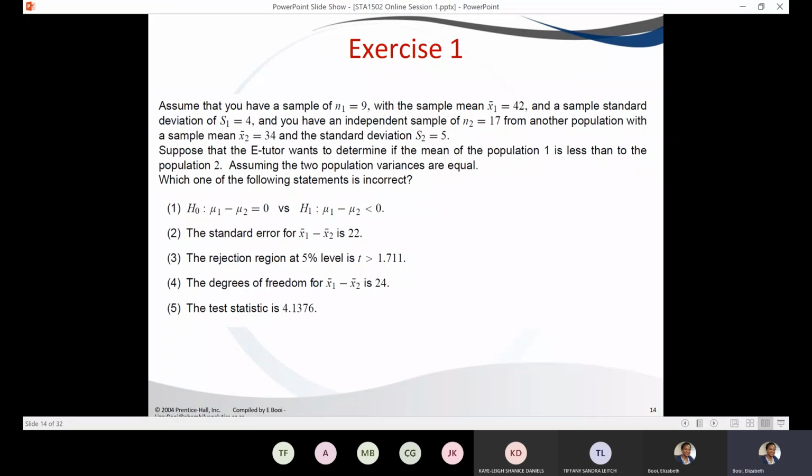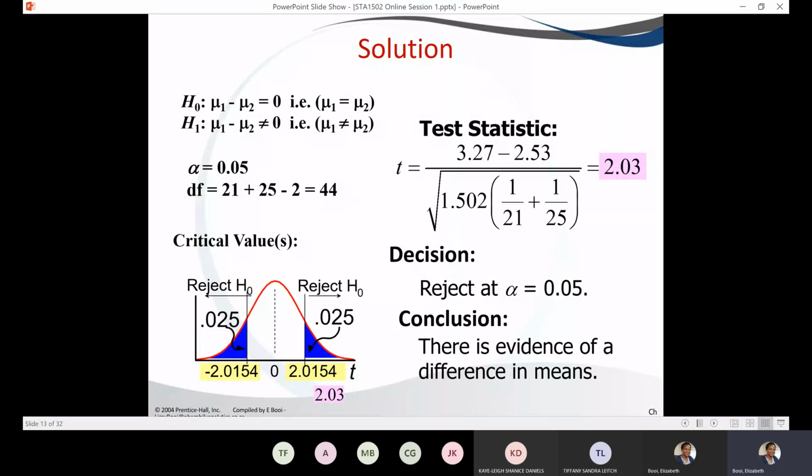If we go back, you can see that it asked you for step number 1, and it asked you for the critical value, which is step number 4. It asks you your test statistic, which is step number 5, and it also asks you the standard error. And the standard error, remember, is the square root of your pooled variance times 1 over 21 plus 1 over 25.